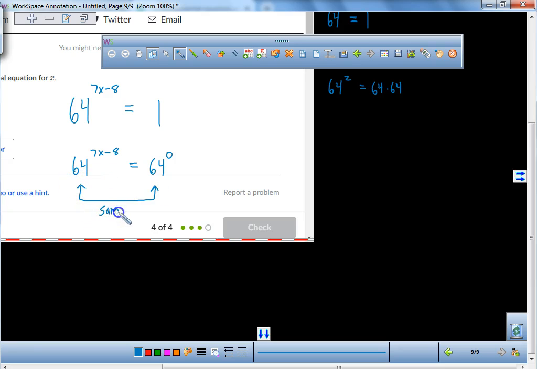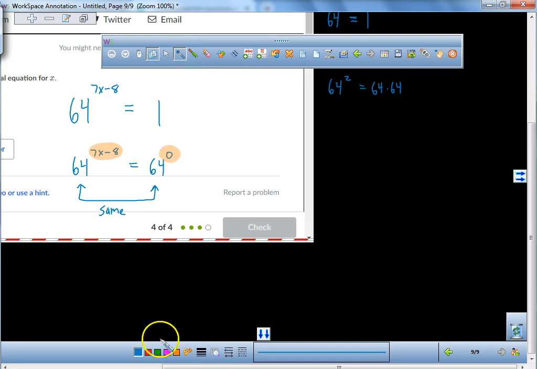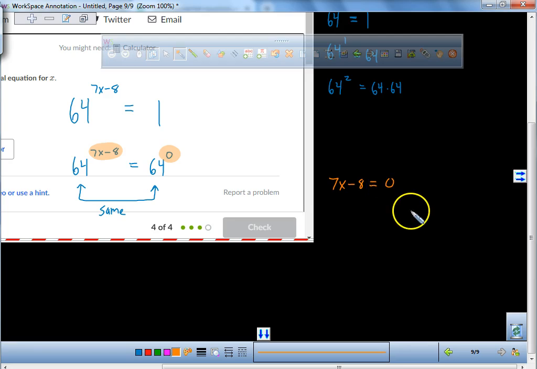Once these bases are the same, then and only then are you allowed to set this expression equal to this. So what am I going to set equal to each other, everybody? What does 7x minus 8 have to equal? That's right, it's equal to 0.